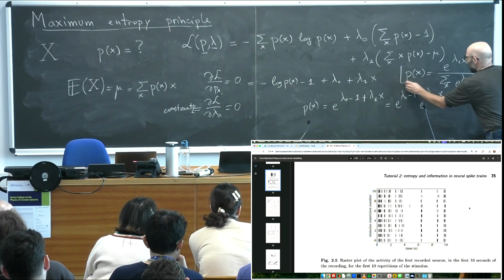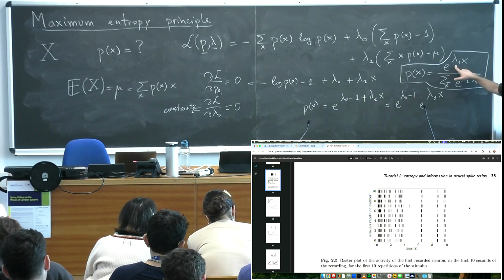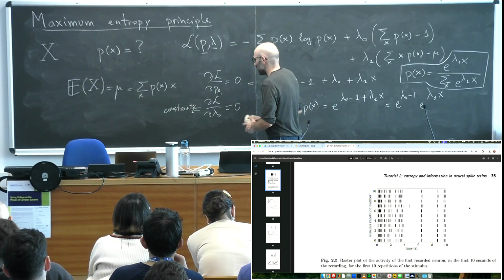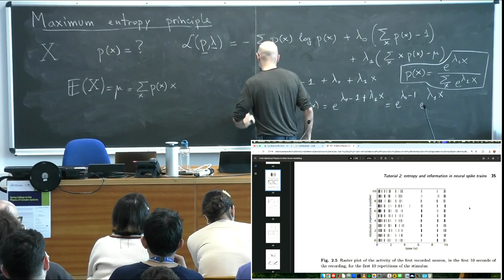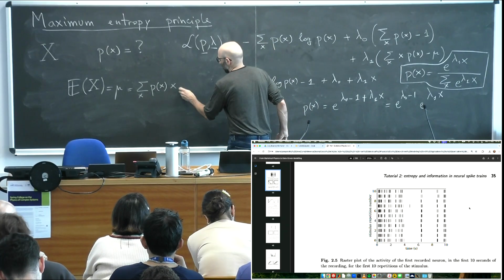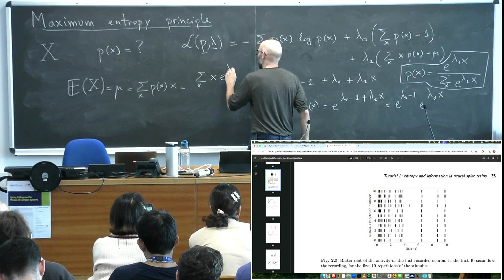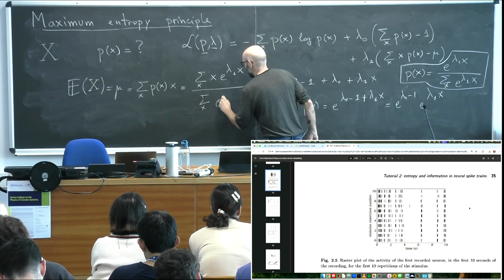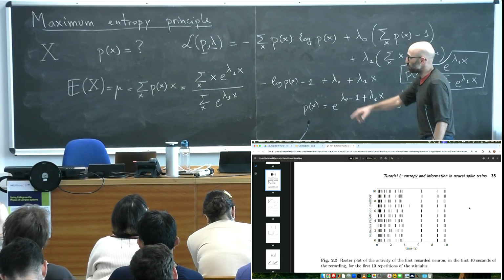Sorry that the blackboard is over. And then we have to fix lambda 1. And to fix lambda 1, we have to use this equation. So we have to impose that the sum over x of x times the exponential of lambda 1 x, divided by the normalization, is equal to mu.